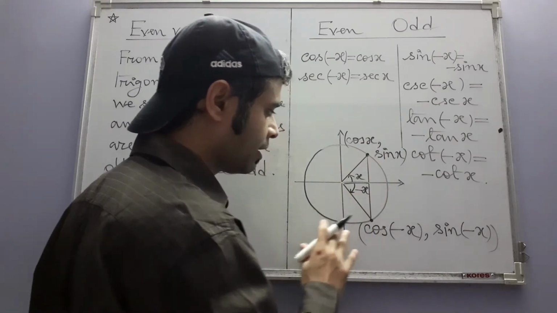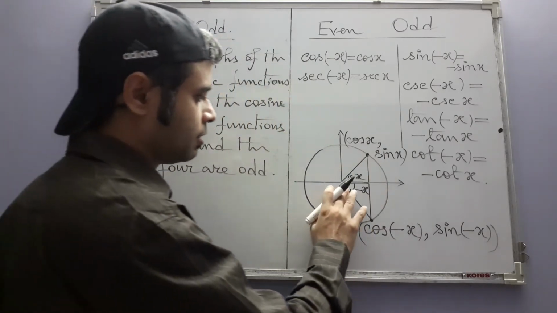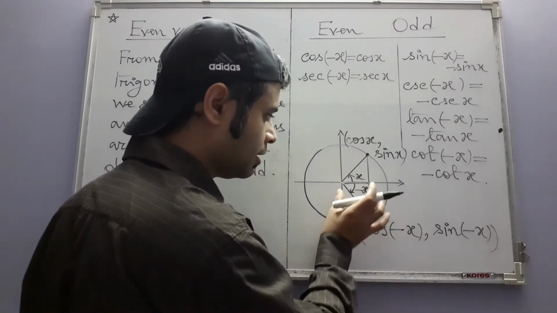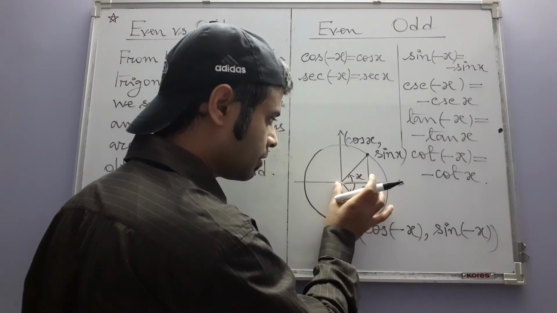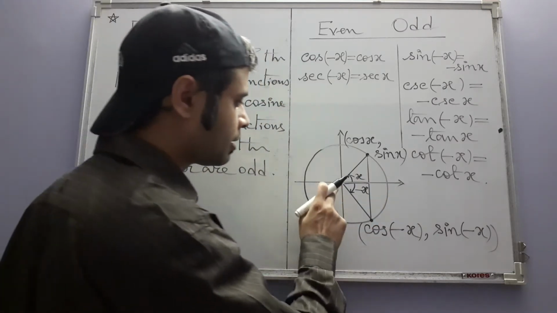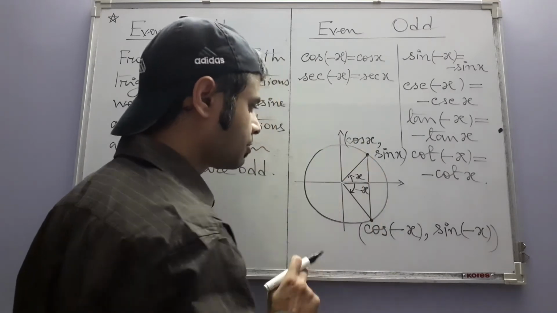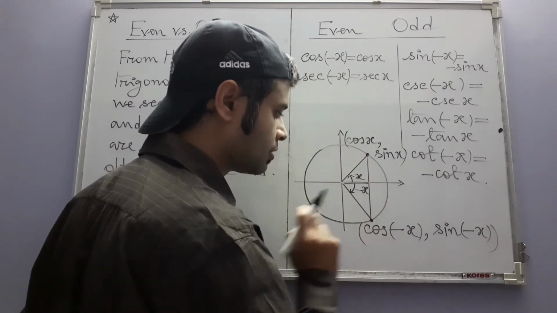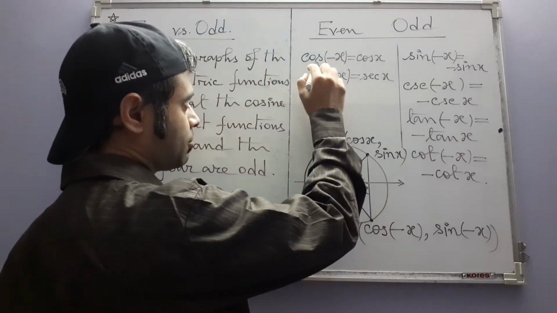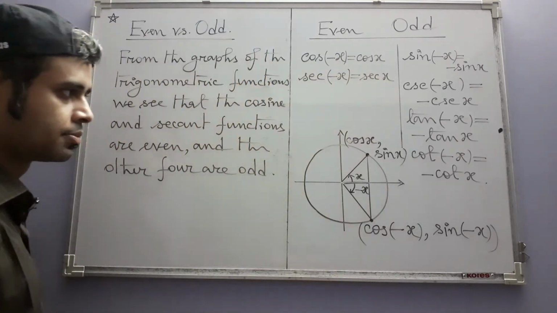The way we have taken these angles, both of these things are positive, and both of them equal the length of this line segment. And in fact, that is why the x coordinate is cos x, and here the x coordinate is cos minus x, and they are equal. So that's why you have cos minus x equal to cos x.